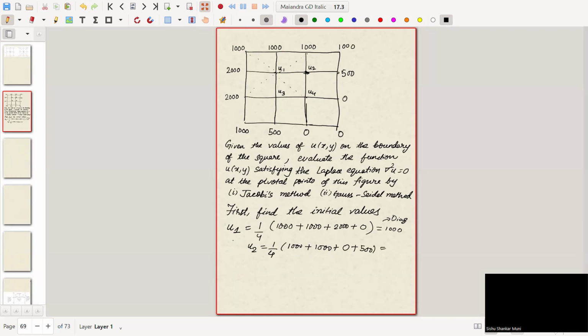What's that value? Then what you will find? And U3, how will you find U3?